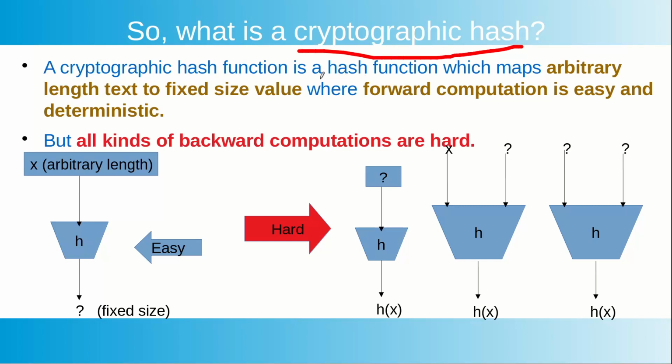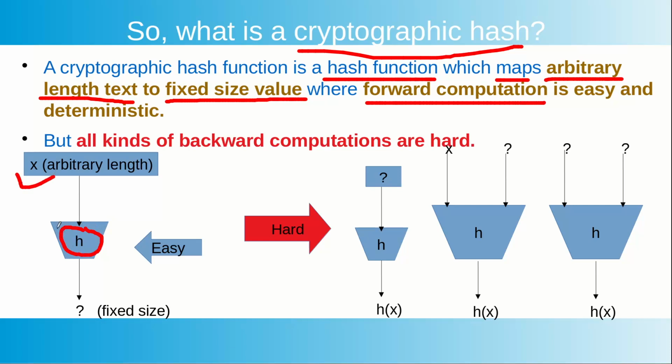A cryptographic hash function is a hash function which maps, this is important, arbitrary length text down to a fixed size text, and it is a hash function designed in such a way that the forward computation, that means from the plain text using this hash algorithm coming down to this hash output, is fairly easy, and it is also deterministic, means every time you give the same input you will get the same output.